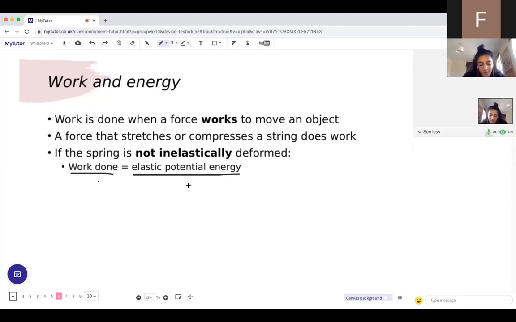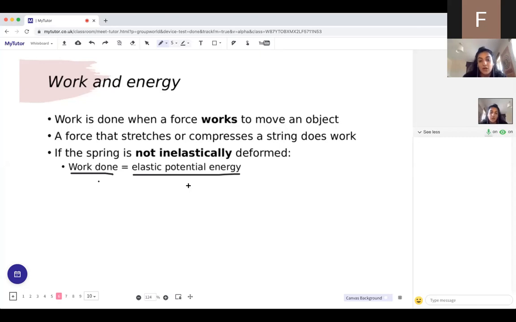Would plotting a graph get you extra marks? It really depends. They need to give you the graph paper and the area for you to be able to draw a graph, so they'll have to put it into a question. However, if the question was to describe a method you would do to investigate how extension changes with force, then you might want to say, I would plot a graph of this against this so that the gradient would be this, and that would get you extra marks.